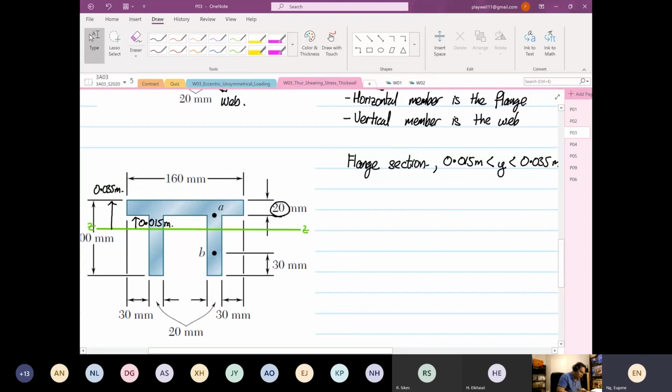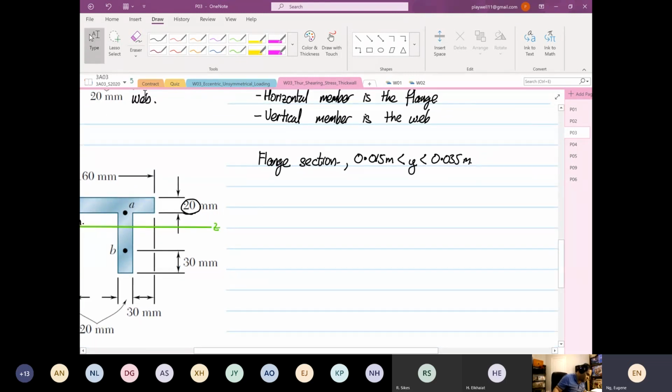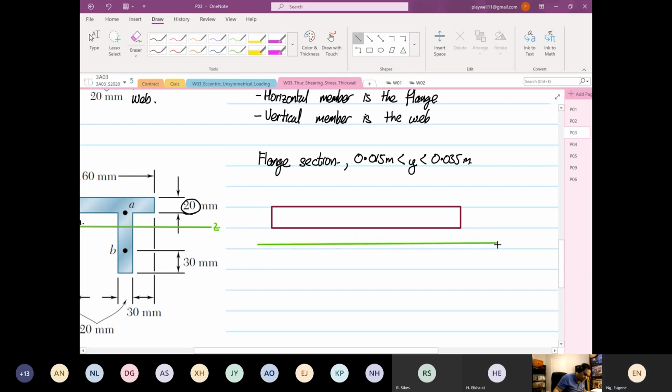Okay, so we are going to focus on the flange section. So I'm going to sketch out the flange section now. Okay, so this is our flange section. We're not going to consider the web now. Okay, and then we have our centroid ZZ. Okay, so this is our ZZ.